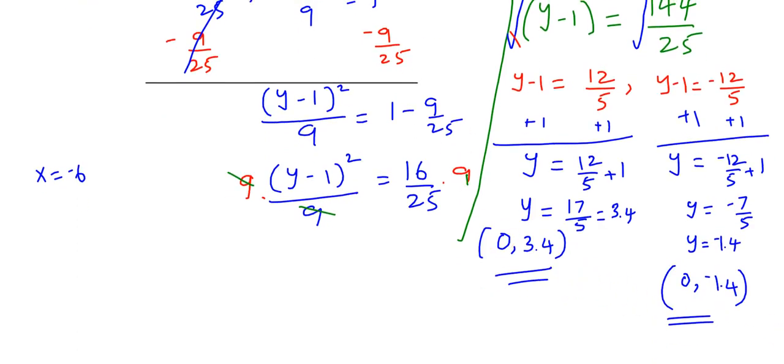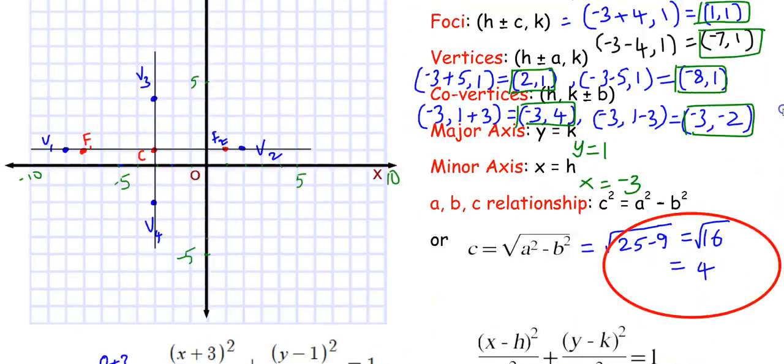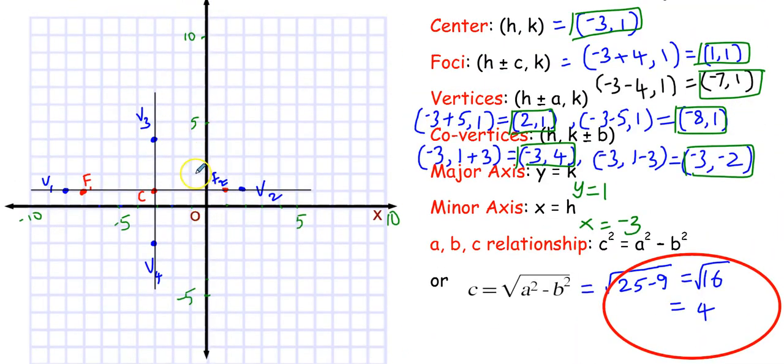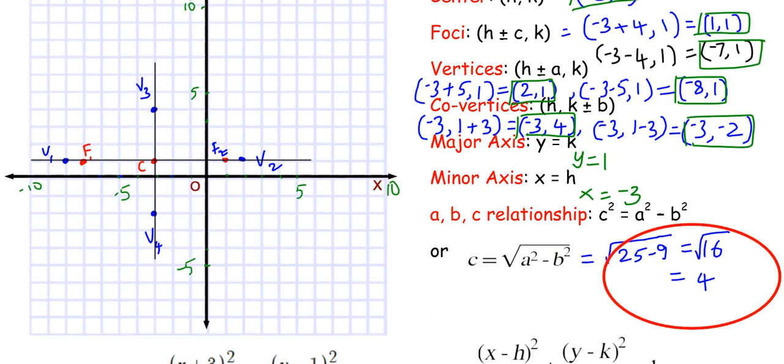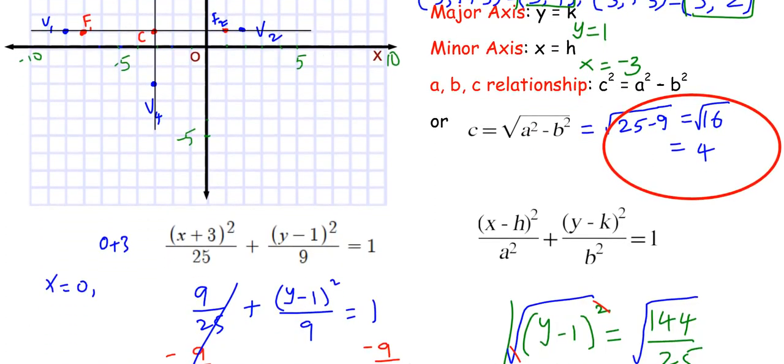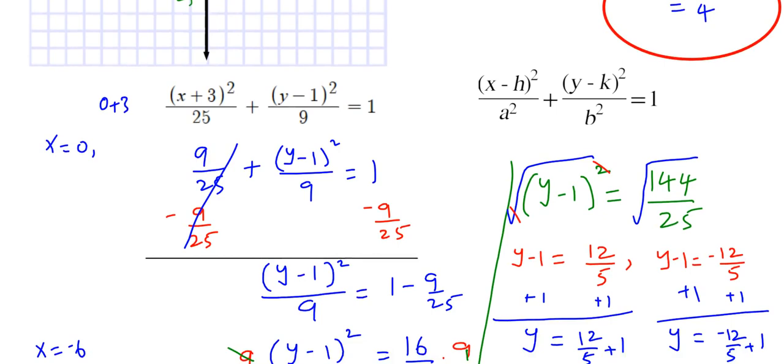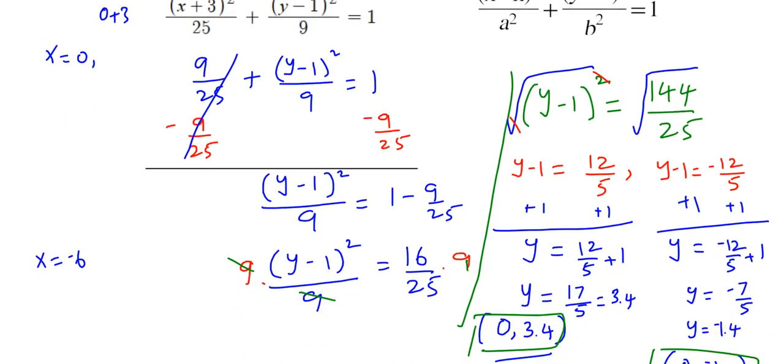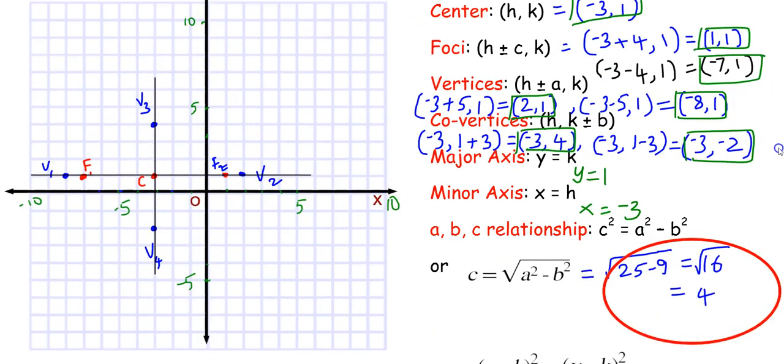Locating all those points, these 2 points, 0 comma 3.4 and 0 comma negative 1.4. Like here it is 0, 3.4, 1, 2, 3, 3.4 somewhere here, and negative 1.4 for x equal to 0.